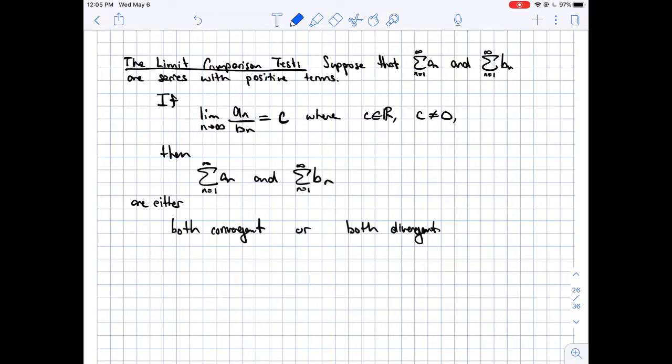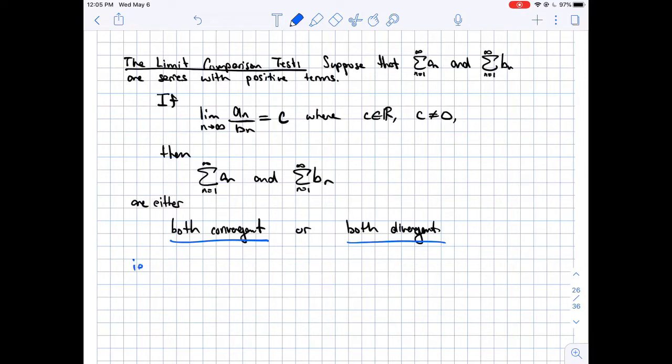And the conclusion is this: if that limit exists, if it's equal to some constant c, where c is just some real number and it's not equal to 0, then An and Bn are either both going to be convergent or they're both going to be divergent.